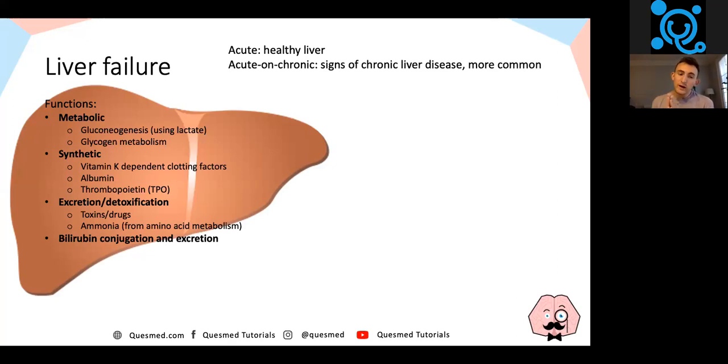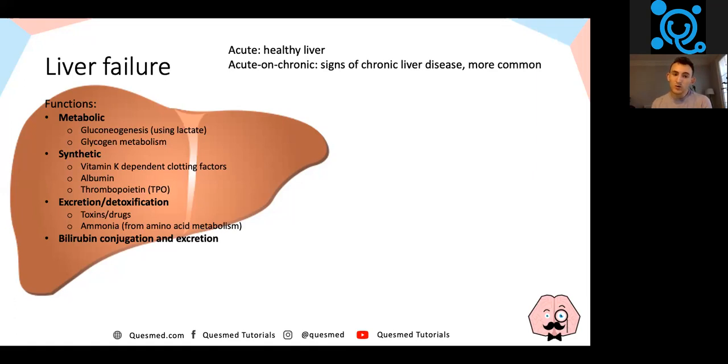It also works in terms of excretion and detoxification, so it excretes drugs and toxins, and it excretes ammonia from amino acid metabolism. And then, as we talked about a few slides ago, it does bilirubin conjugation and excretion.